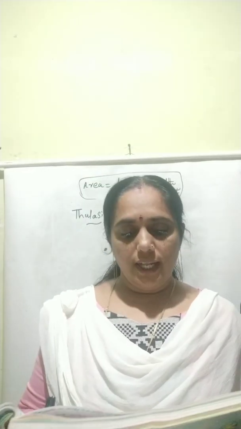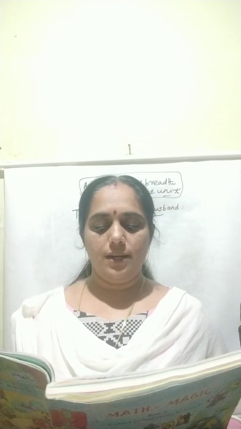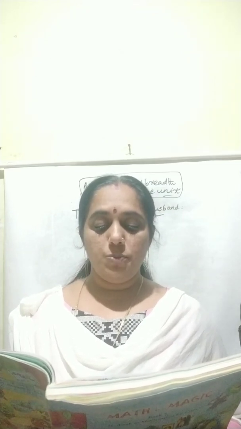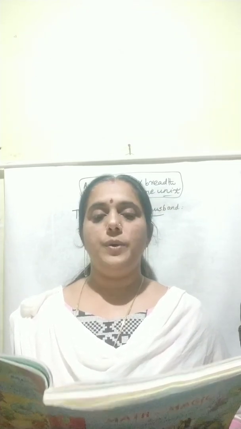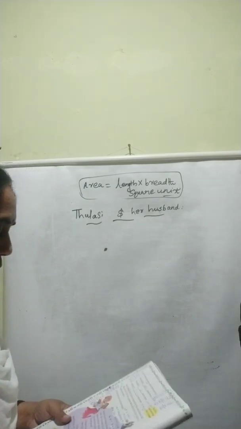So the next part of this question is: Tulasi and her husband work on Karunya's farm. In his farm, the government has said that farm workers should be paid at least rupees 71 for 1 day's work. So they will get 71 rupees.